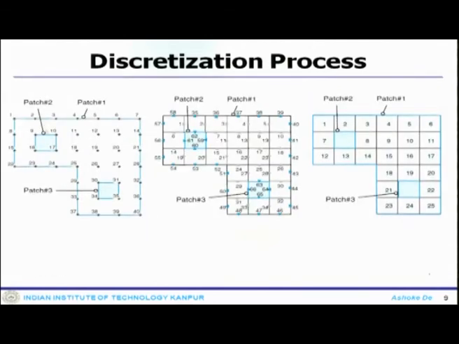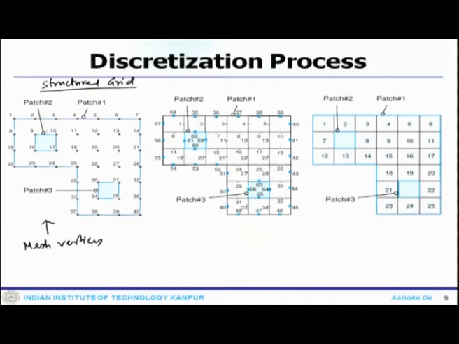Now, if you consider that structured grid with quadrilateral elements, these points, all nodal points in this particular computational domain, actually represent the mesh vertices.